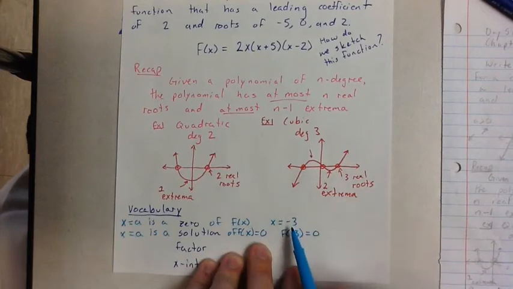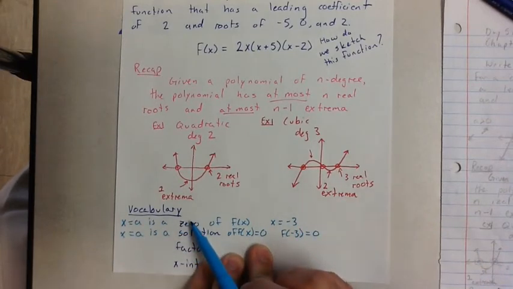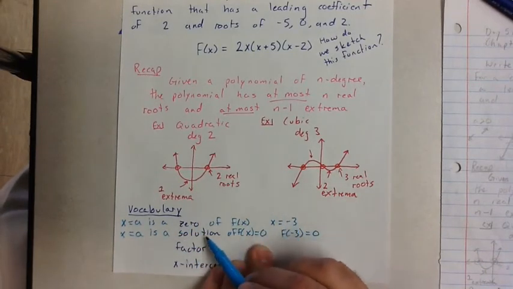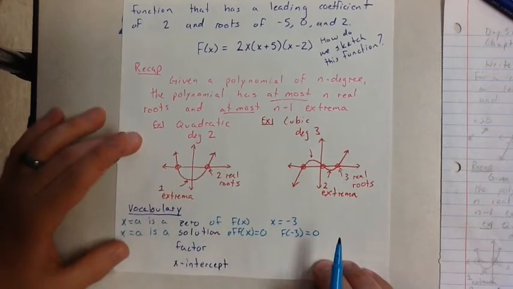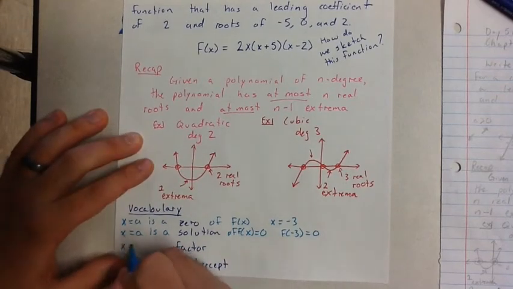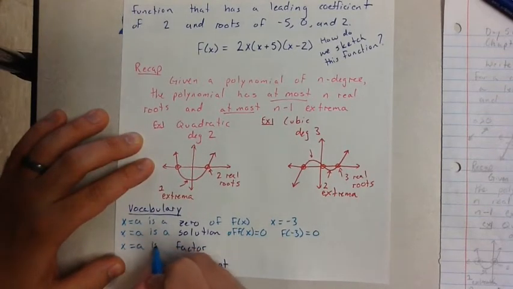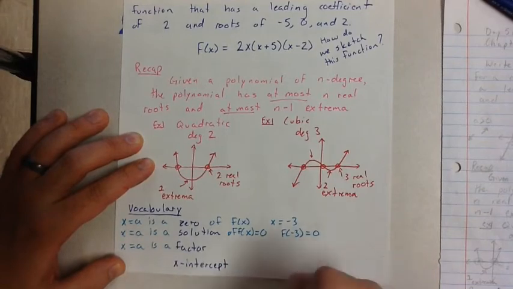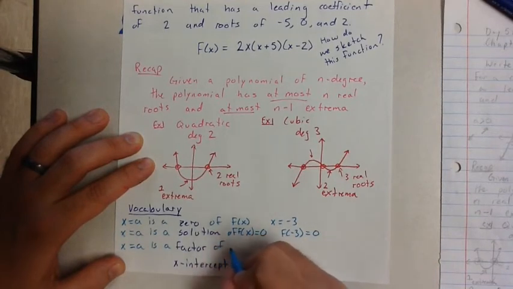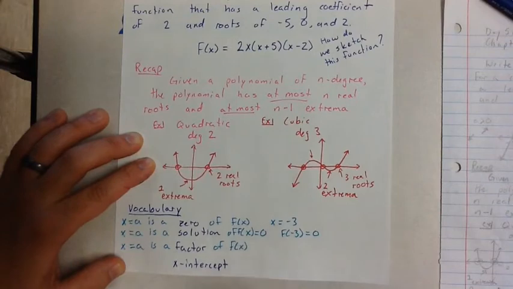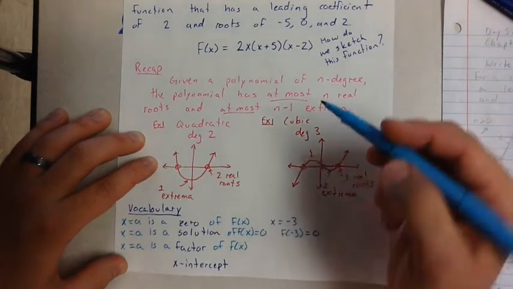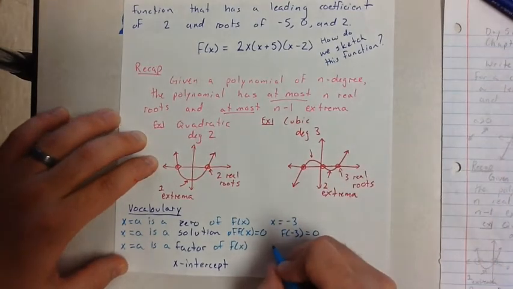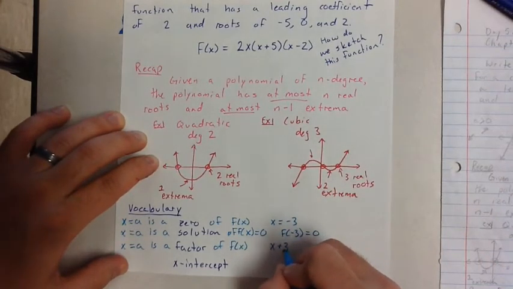So -3 is a zero, and therefore it is a solution because it makes our function equal 0. Now if something is a factor of f of x, and our zero is -3, as we saw above, that would make the factor x plus 3.